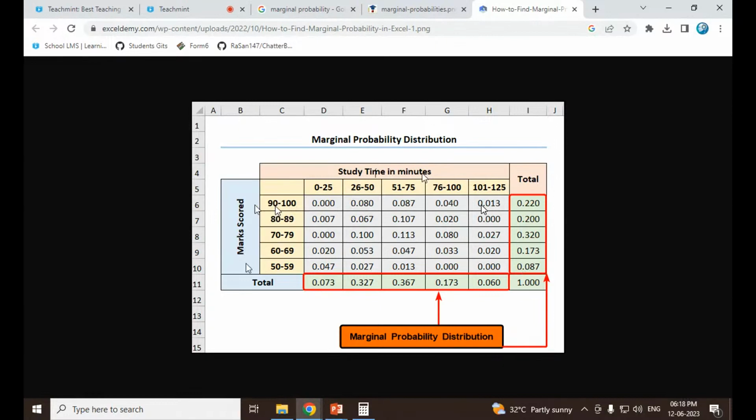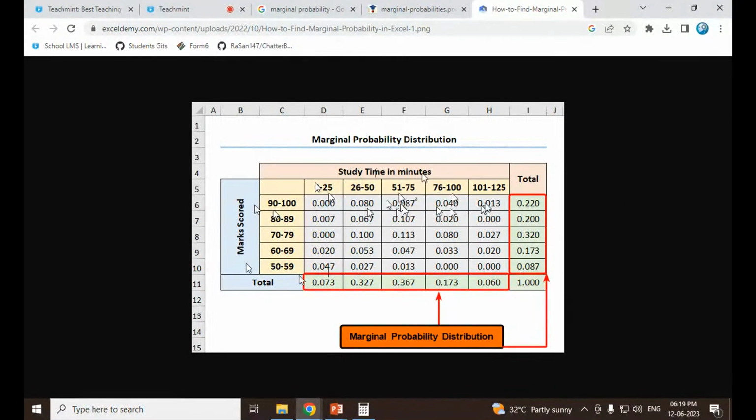Marks scored between 90 to 100: people who studied 26 to 50 minutes, and those who studied 51 to 80, 75, 87, 76 to 100, 0.04. These are the probabilities. High probabilities are here, not here. This one. So 50 to 59 marks scored, for those who studied at the last minute, 0 to 25.